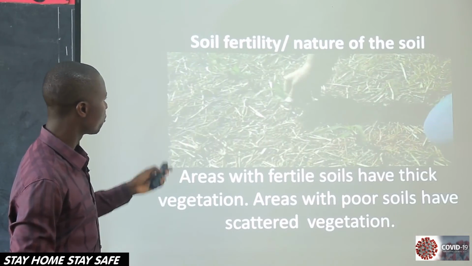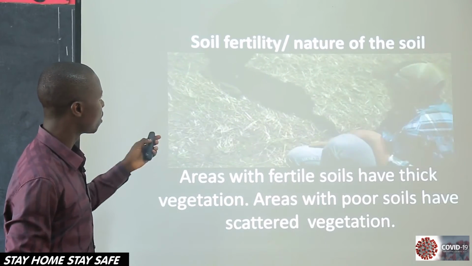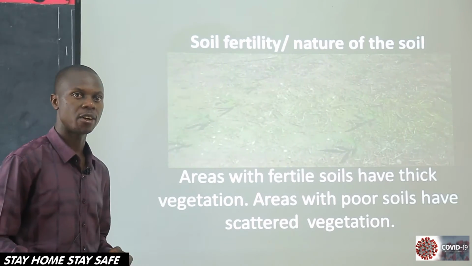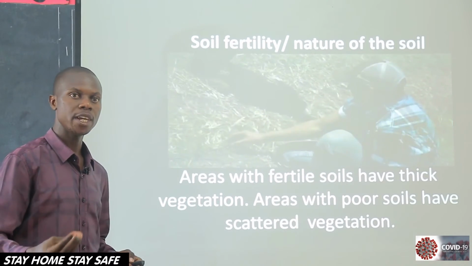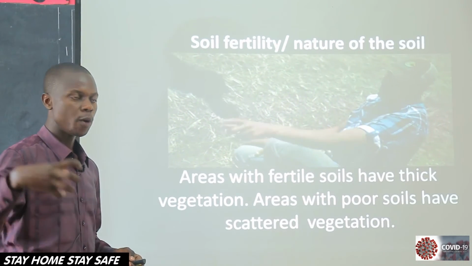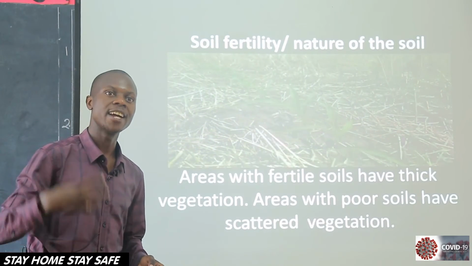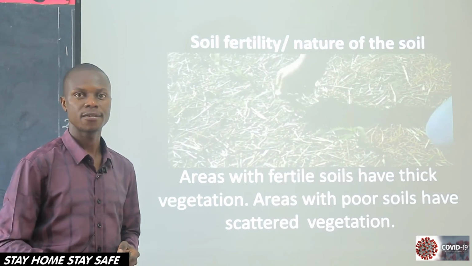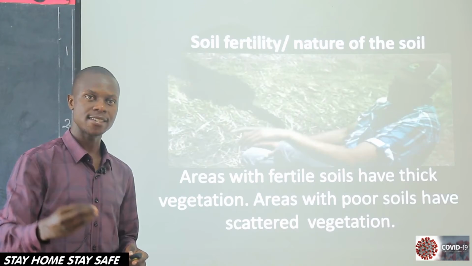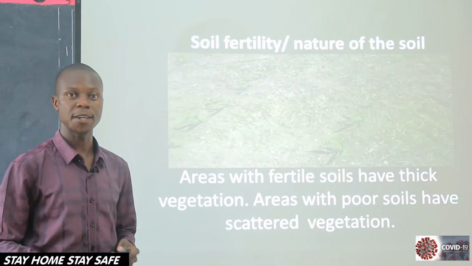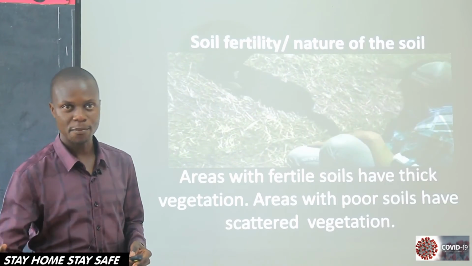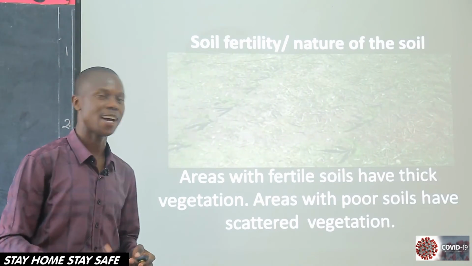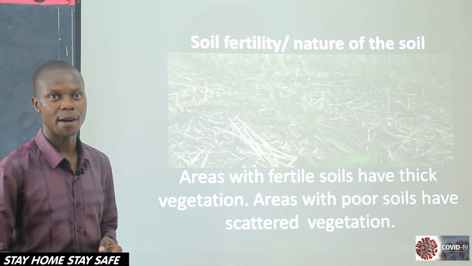Then when we move here, we talked about soil fertility or nature of the soil. So soil can be fertile, soil can be infertile. Which soil do you think encourages plant growth? Is it the infertile soil or the fertile soil? Yes, I see some people saying fertile soil, others are still thinking about this.